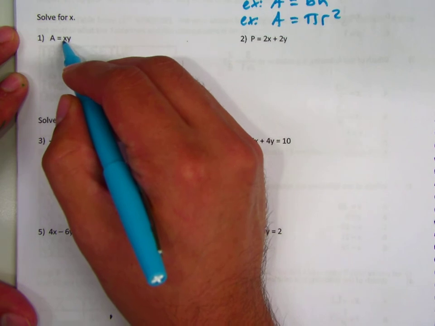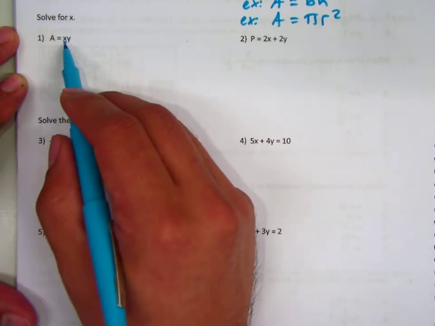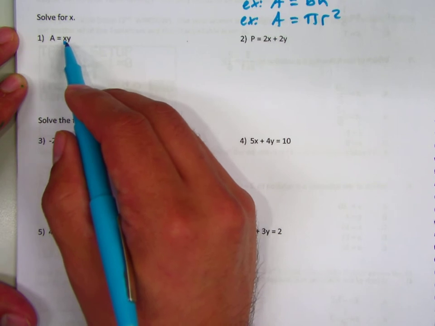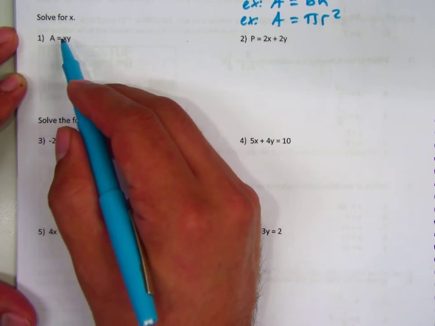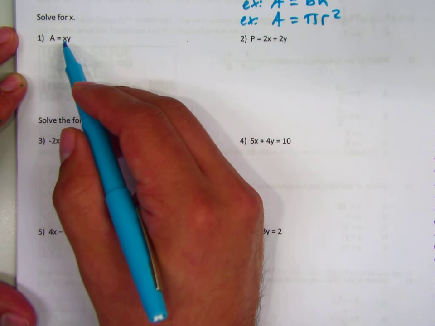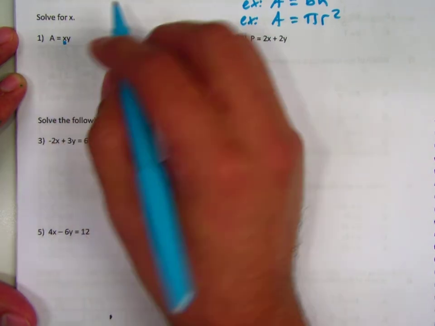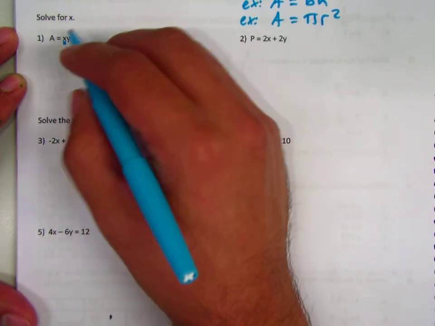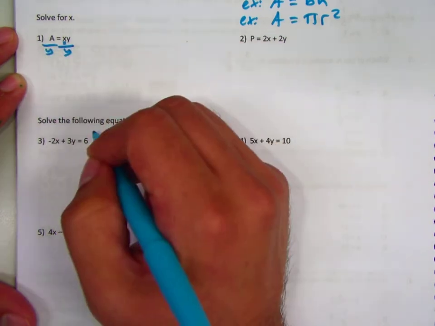So that means we are trying to get the x alone. And there's simply one step to do. Right now, this y is multiplying the x. So to undo y, to undo multiplication, we divide both sides by y.